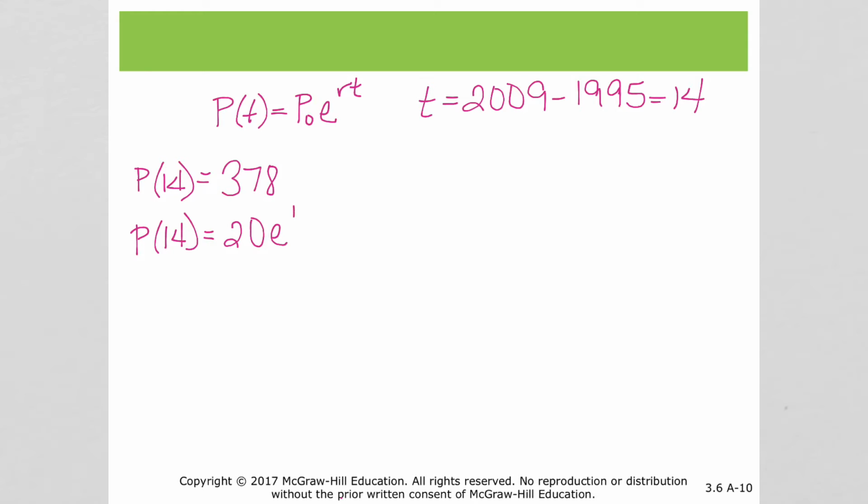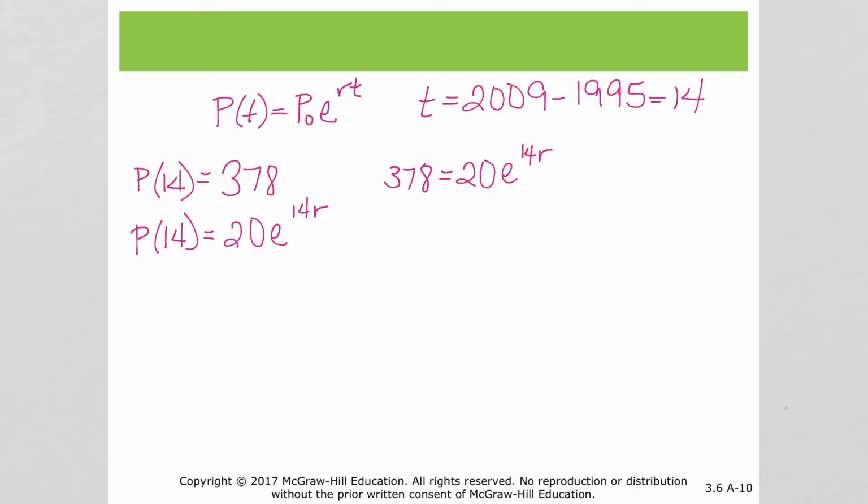We don't know r, we know that t is 14. So since they're both representing P of 14, we can set them equal. So we have 378 is equal to 20 e to the 14r.